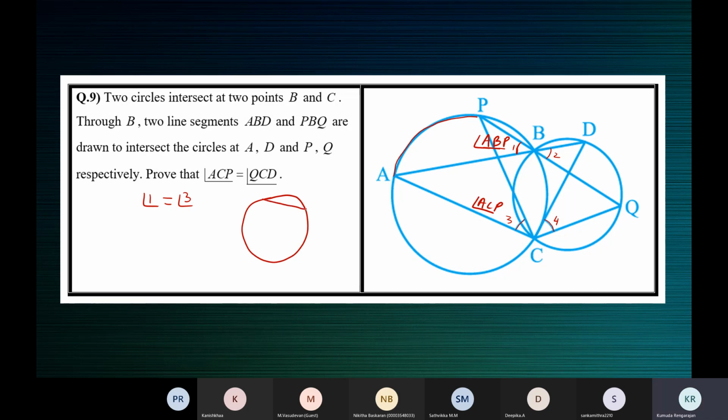There's one angle like this, and another angle like this. This is P, A, and this is C. AP is the arc, and AP makes ABP and ACP.